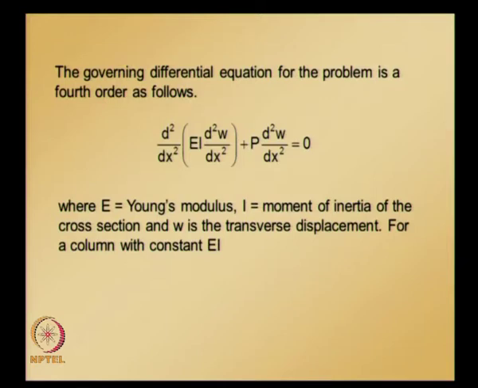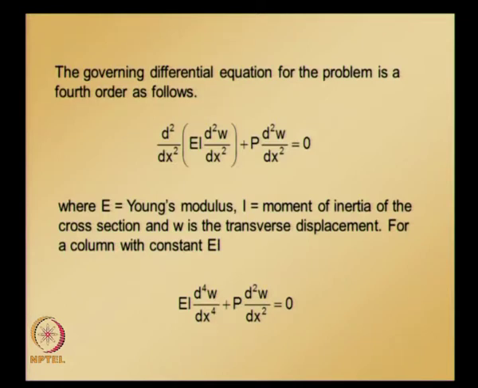For a column with constant EI, the previous equation can be written in this manner because EI is constant, we can take it out of the integral and we get this equation, and this is the governing differential equation which needs to be satisfied over the entire length of column, that is x going from 0 to L.